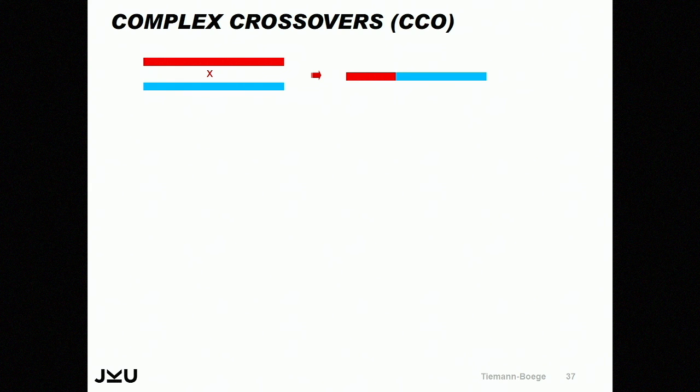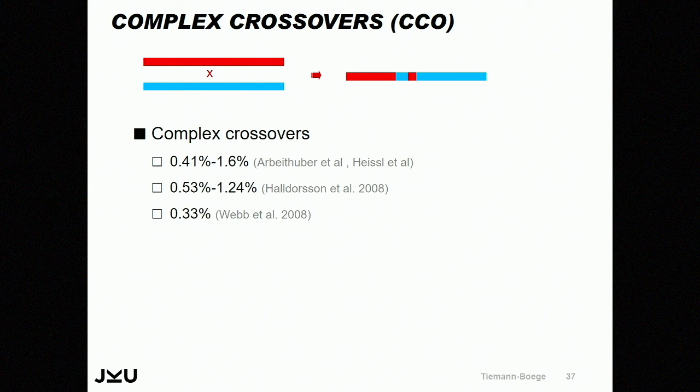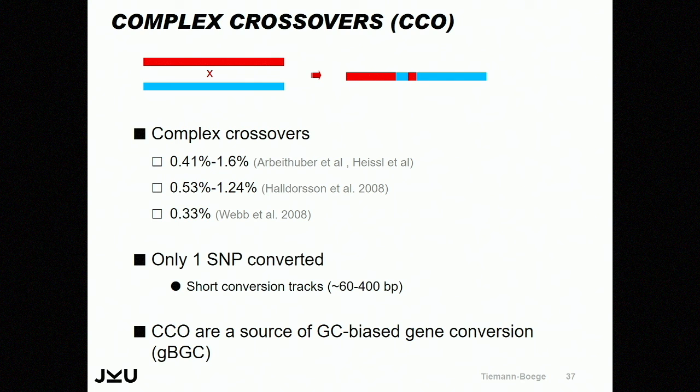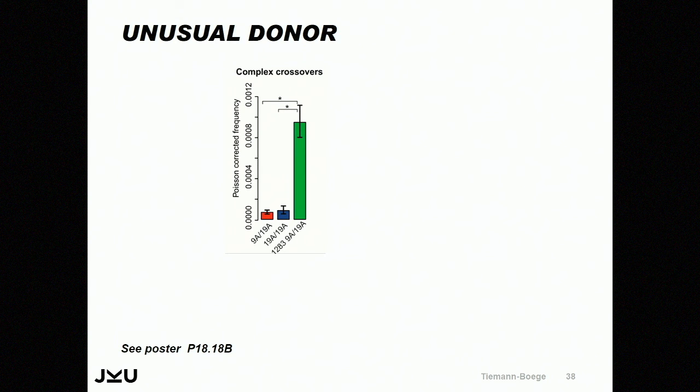We finally also looked at complex crossovers where you have small conversion events. Our complex crossovers are pretty similar to other studies. Usually they're short, they involve one SNP, and they're a source of GC biased gene conversion. Now we have a very unusual donor that has a very high number of complex crossovers.